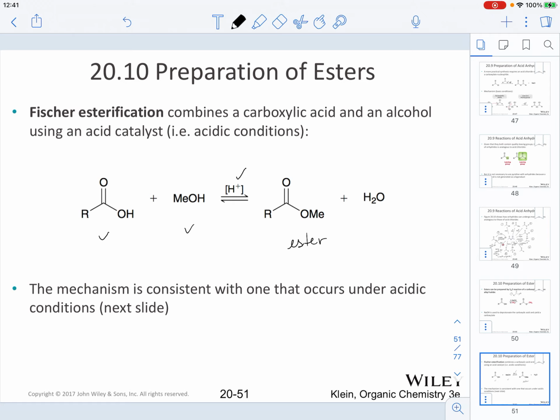Our acid is just an acid catalyst, so that is just going to help us to increase the rate of the reaction and to get to product. The mechanism for this is consistent with the one that occurs under acidic conditions. So we are going to see in the next slide how that process actually occurs.